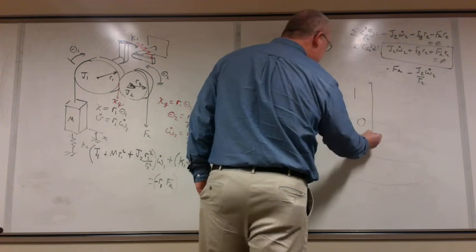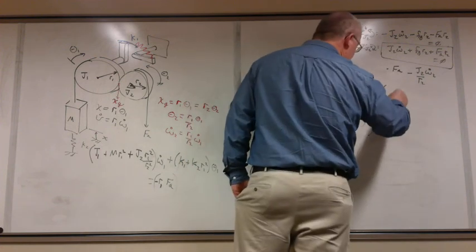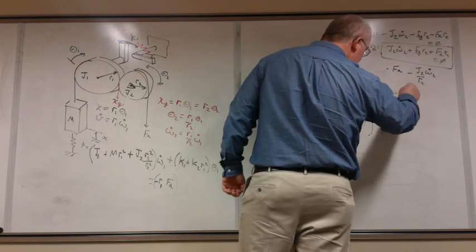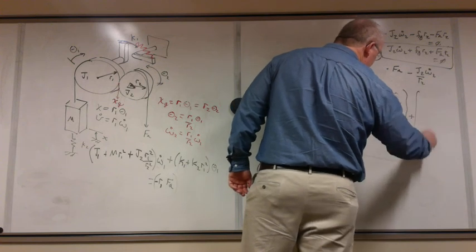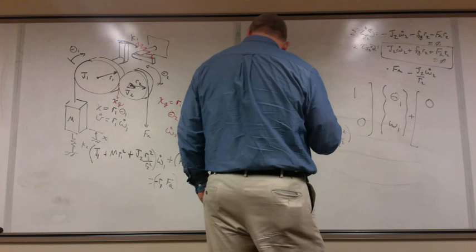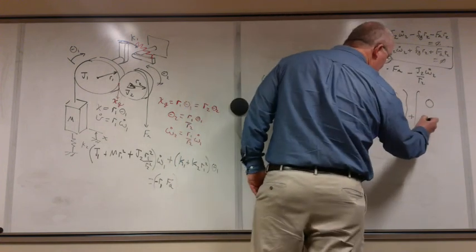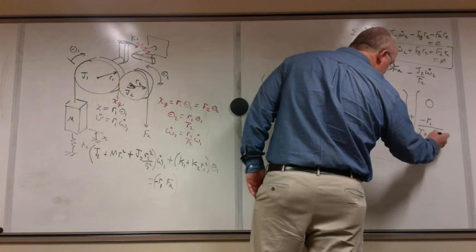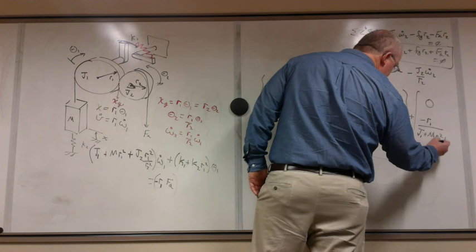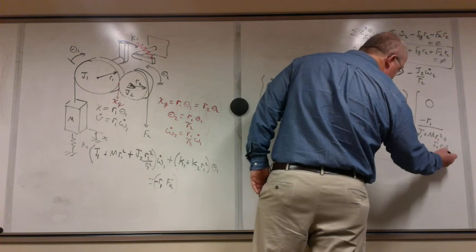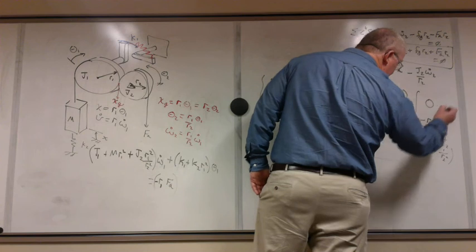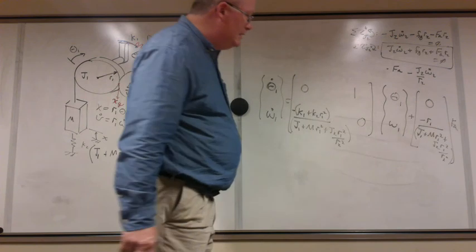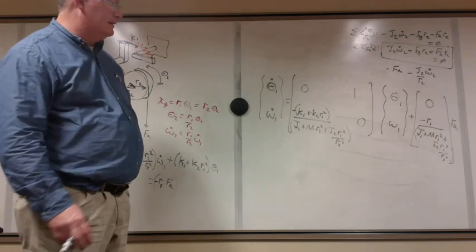0, 0, let's see. Once again, you've got theta 1 dot there and omega 1 dot there, you better have theta 1 and omega 1 here, plus 0, and it's going to be negative R1 over J1 plus M R1 squared plus J2 R1 squared over R2 squared, all that times F sub A. Sorry about the squiggling in there, but if you have to, rewind and listen to what I had to say about it.